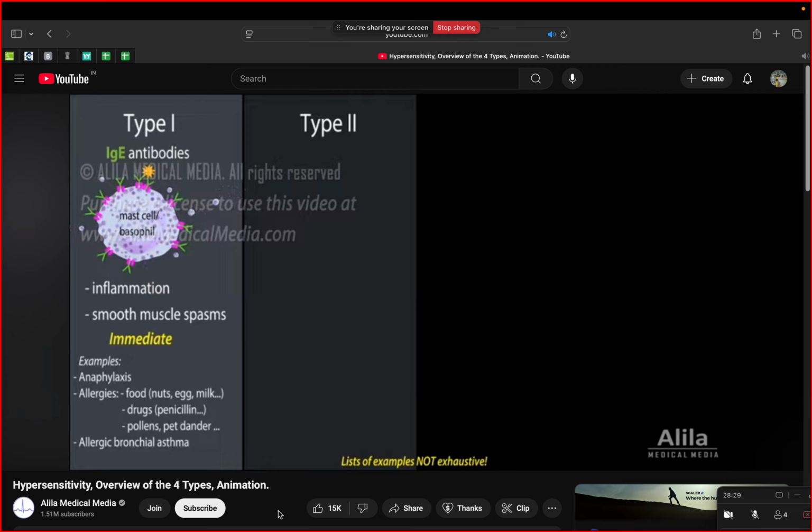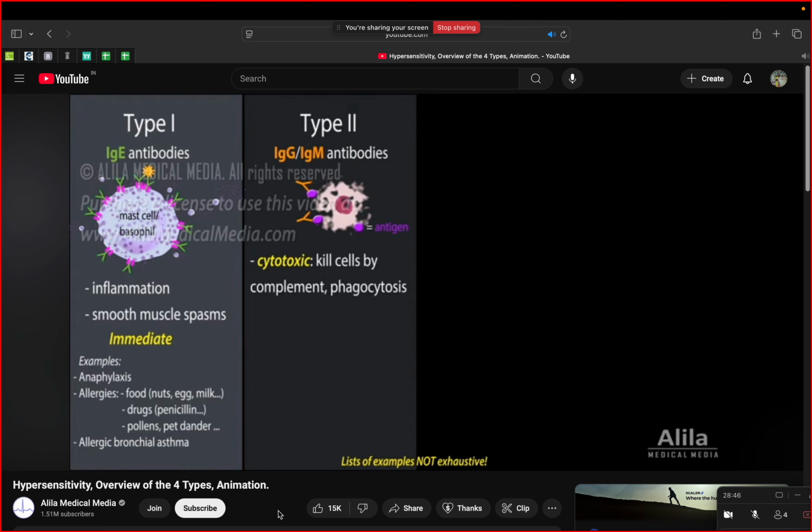In type 2 hypersensitivity, previously formed IgG or IgM antibodies bind to antigens on the surface of a particular cell type. Antibody binding marks the cells for destruction, either by the complement system or phagocytosis. The antibodies may also interfere with normal functions of the cells without killing them.